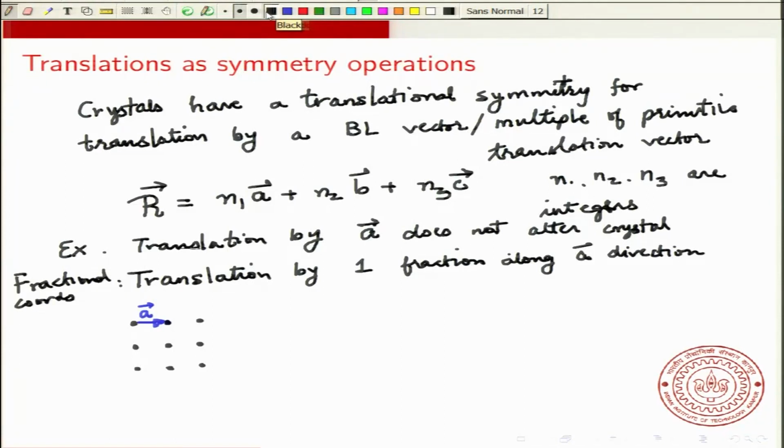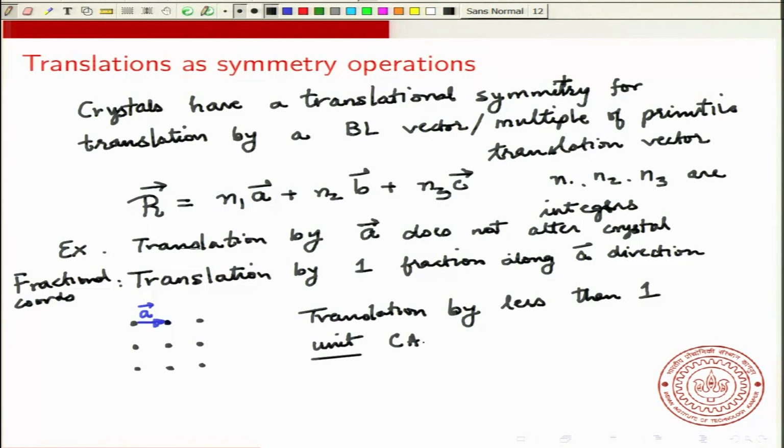So what we are interested in is, suppose we translate by less than 1 unit. This cannot be a symmetry operation, because we said that a is in some sense the smallest translation vector that gives you this identical crystal.